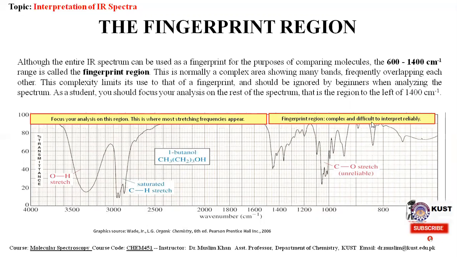This is a complex region and it is very difficult to interpret the peaks found here. It shows many bands, frequently overlapping each other. This complexity limits its use, and it should be ignored by beginners like you students when analyzing the spectrum.